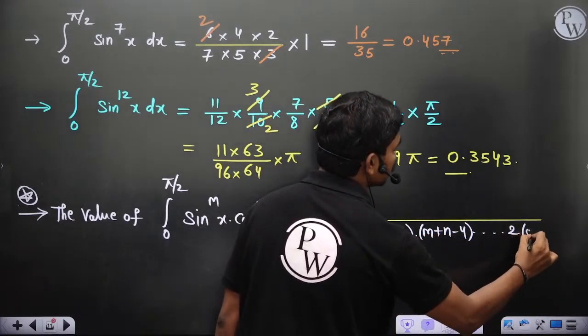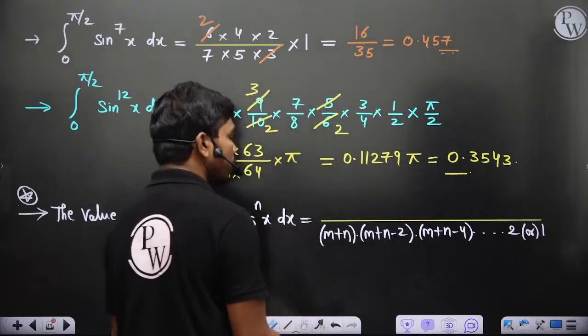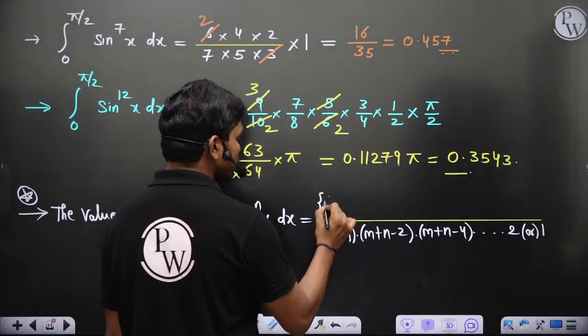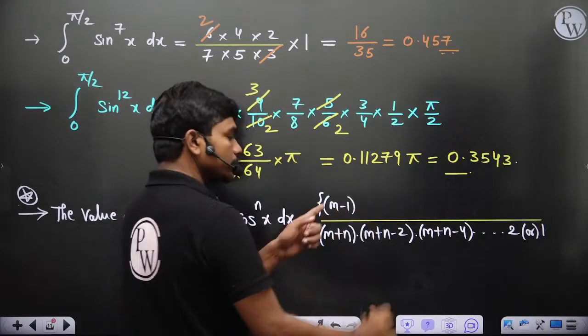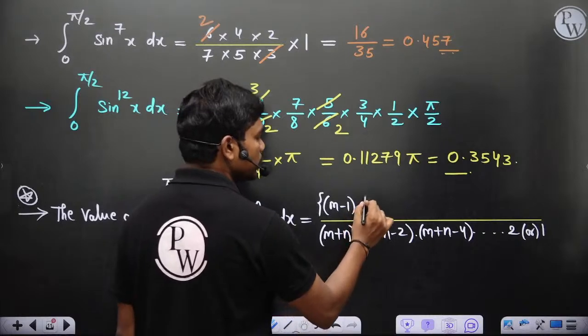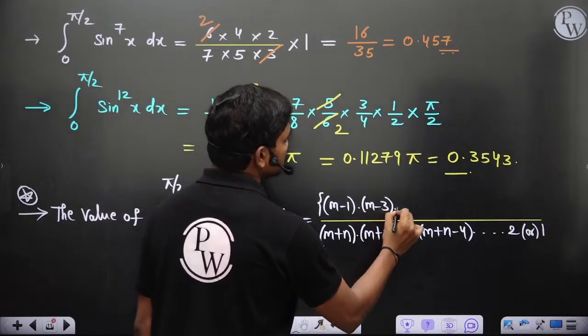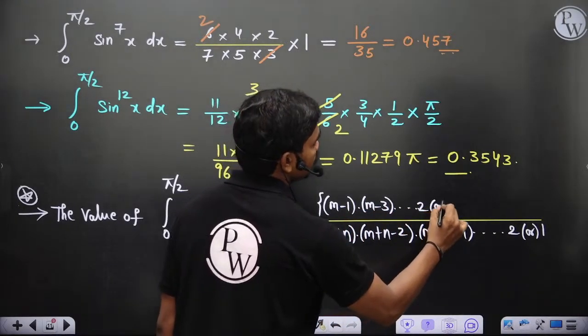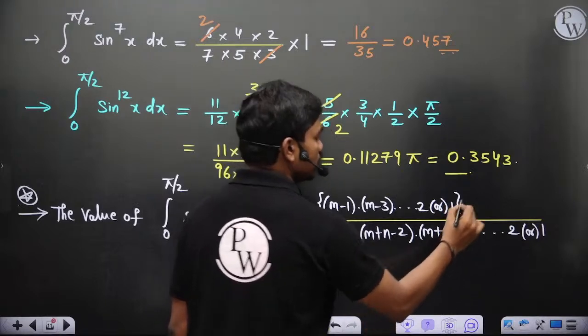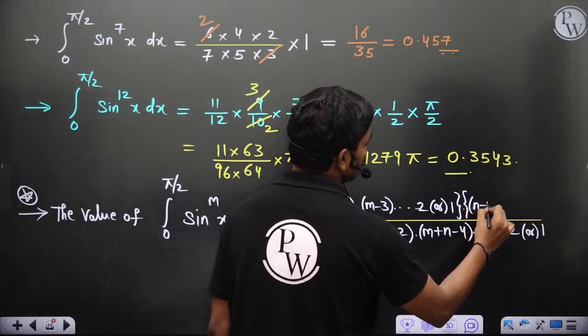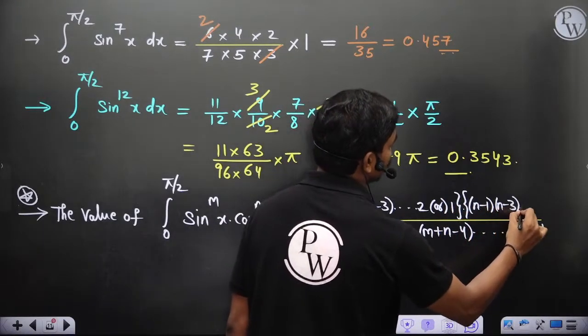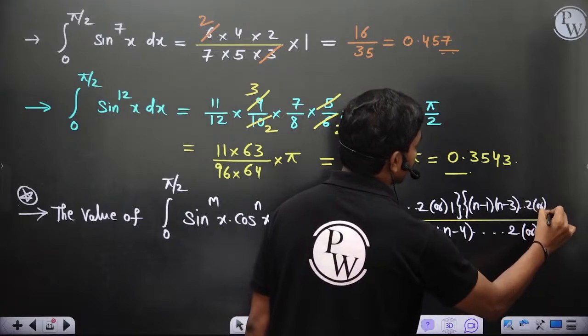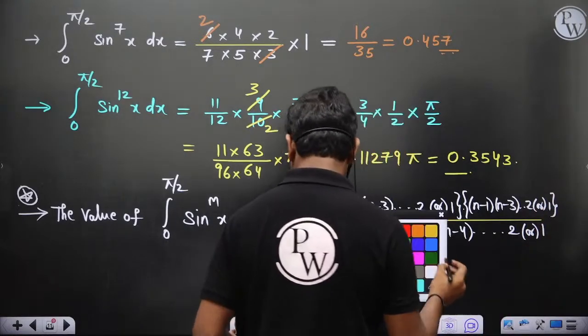This series will eventually end with either 2 or 1, of course. Okay, and in the numerator we have m minus 1. It should start with m minus 1. Okay, so please be careful. M minus 1, m minus 3, and so on, again 2 or 1 depending upon its even or odd, into again n minus 1, n minus 3, and so on, 2 or 1 again depending upon even or odd.